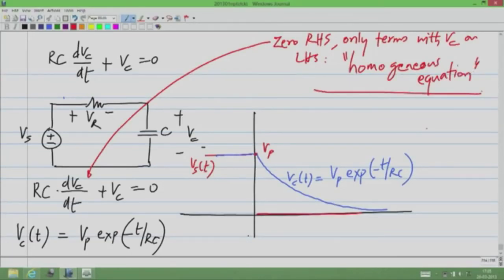So if you have taken some mathematics courses on differential equations, you will be familiar with this term. But in this course, whatever we need of differential equations, we will study them ourselves. And this response, because we have zero input, is known as the zero input response.